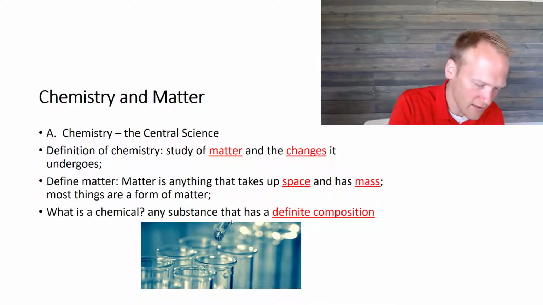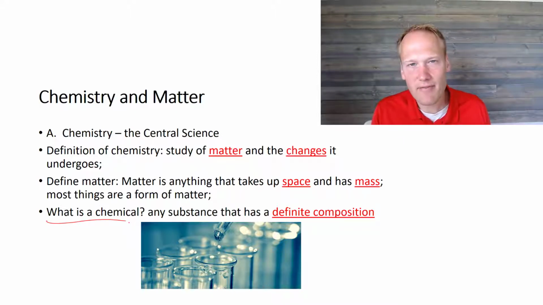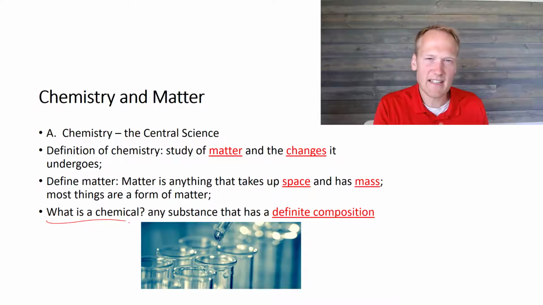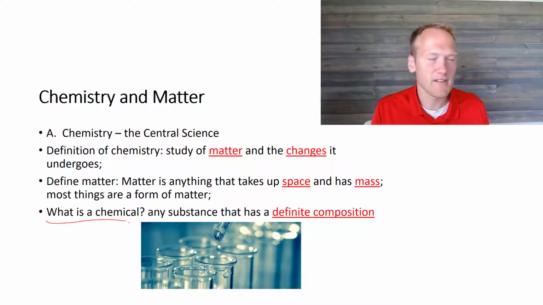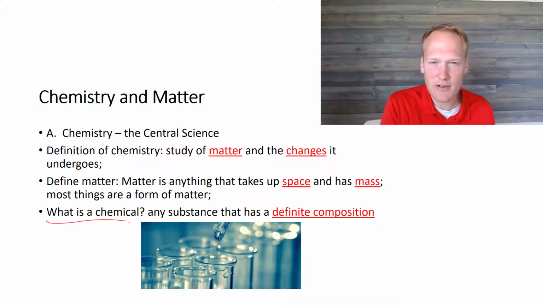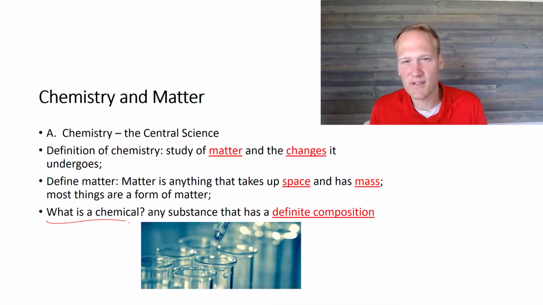So down here at the bottom, what is a chemical? It's any substance that has a definite composition, meaning anything that has a set ratio of atoms. For instance, water is a chemical because water is H2O. It has 2 hydrogens for every 1 oxygen, and that is a defined composition.